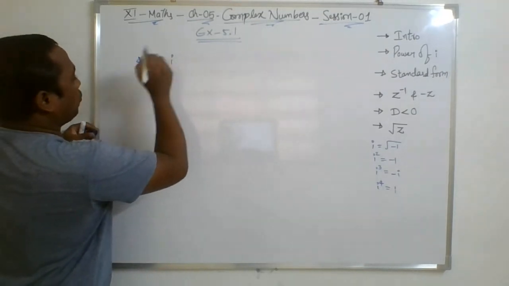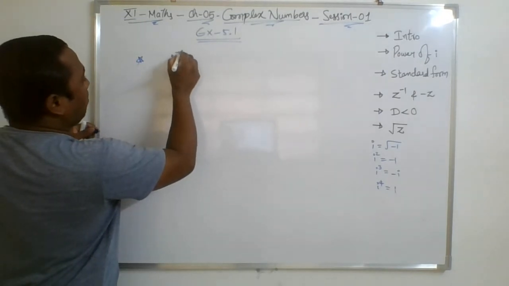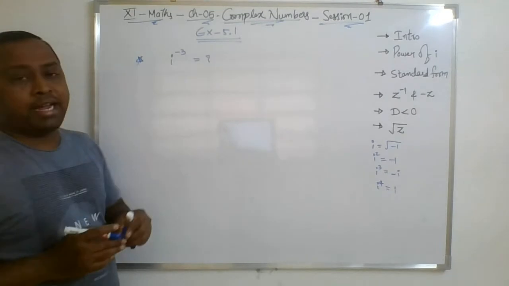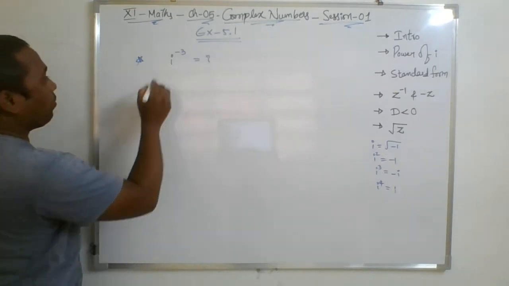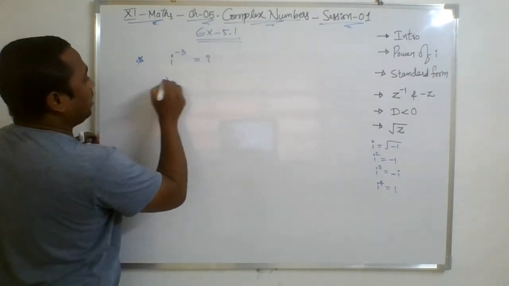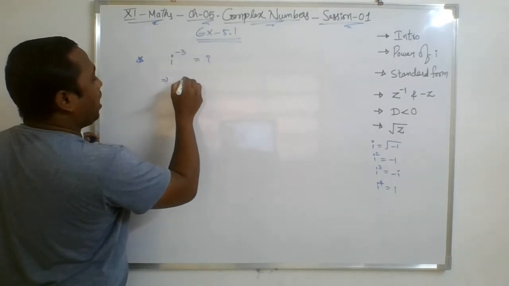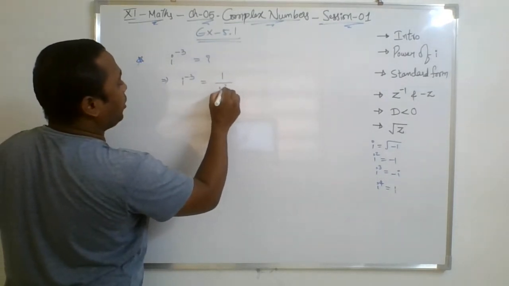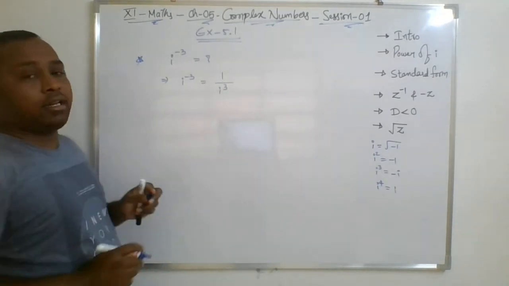Now I am taking the question where the power of I is negative. So how can we solve? I power minus 3 value, right? Iota power minus 3 value. So how can I solve this I power minus 3? I know that I power minus 3 can be written as 1 upon I cube, right? Just by reciprocating.